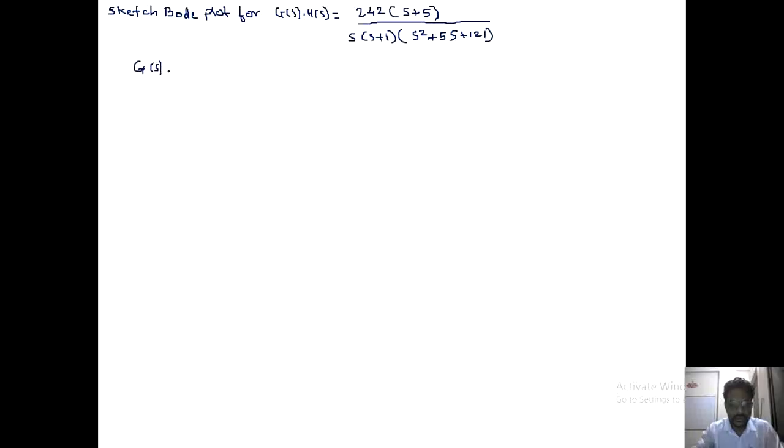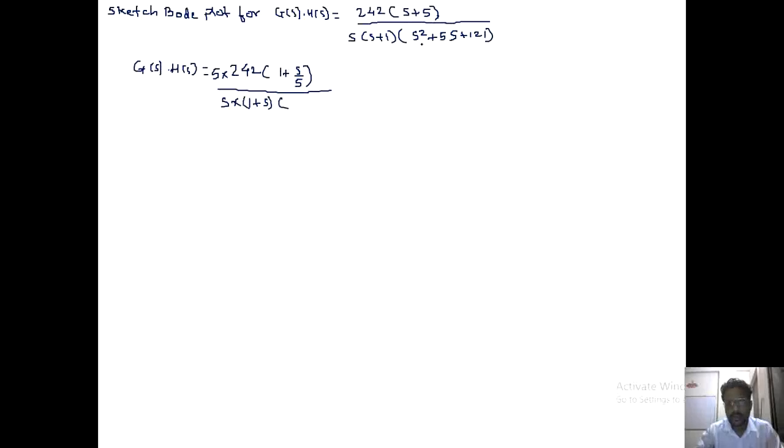So G(s)H(s) equals 242 as it is. Then we will take out 5 as a common, so 5 into 242, and in the bracket what remains is 1 plus s by 5, divided by s. Then s plus 1 can be written as 1 plus s, no issue.